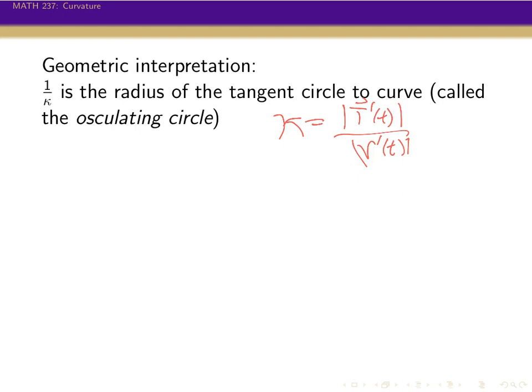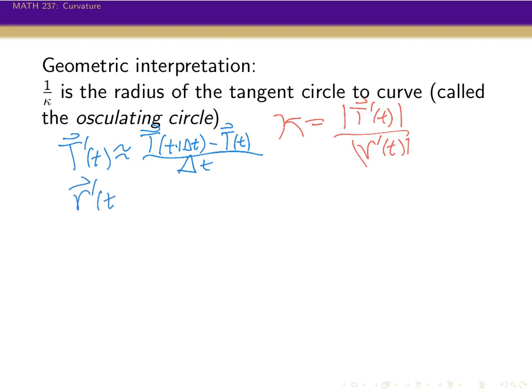So T prime is going to be roughly, if I pick a spot and move over by delta t, the difference between T at t plus delta t minus T at t, and then dividing by delta t.